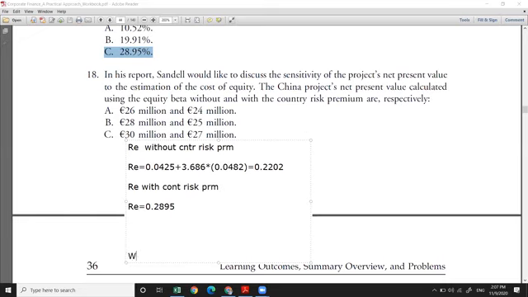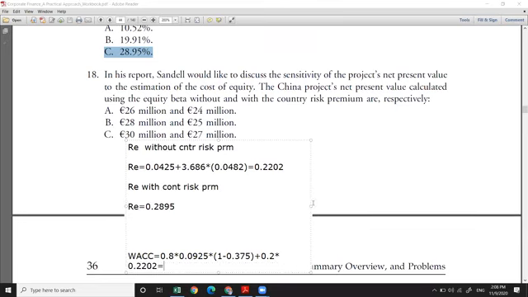So the WACC here for the one without country risk premium is equal to, if you consider the same proportion of debt, 80 to 20, times 0.0925, adjusted to the tax rate, 1 minus 0.3075, and plus 0.20 times 0.2202.